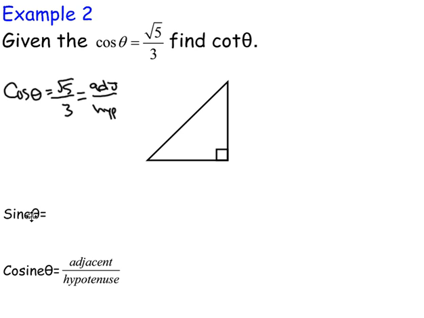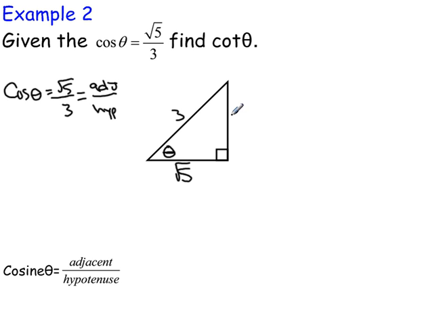Let me erase that sine of theta. We don't need that. So let's just put theta anywhere. Doesn't matter. We'll say this is theta. And the adjacent side is radical 5 and the hypotenuse is 3.